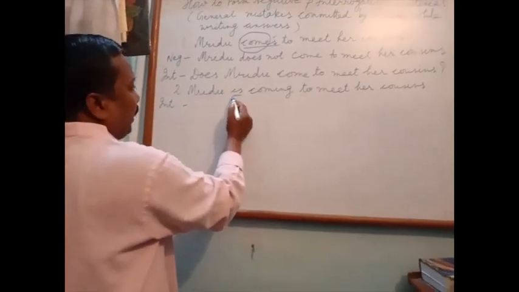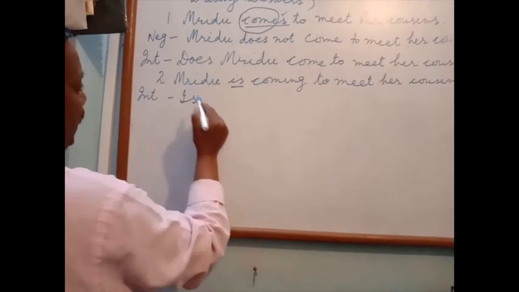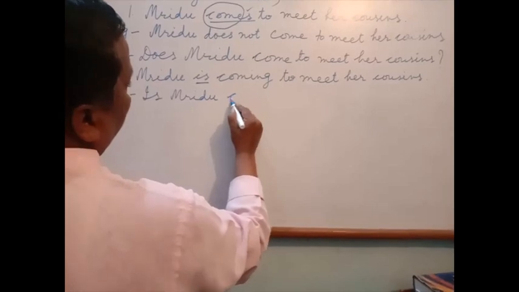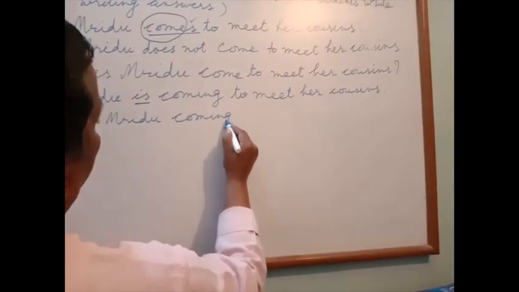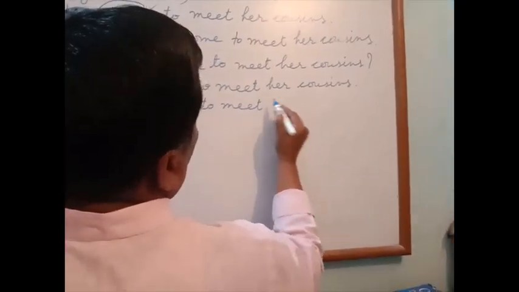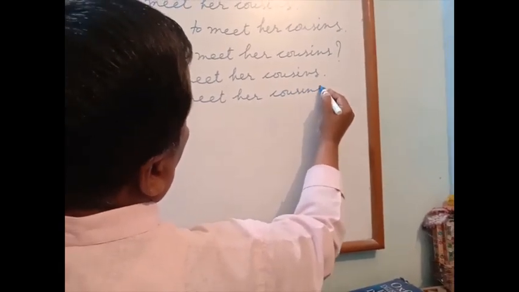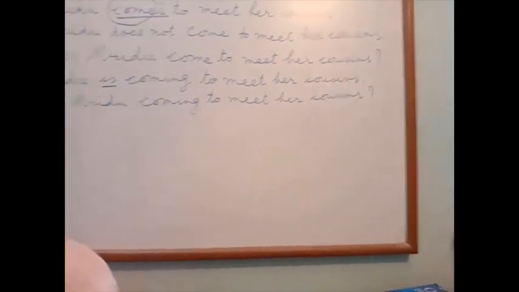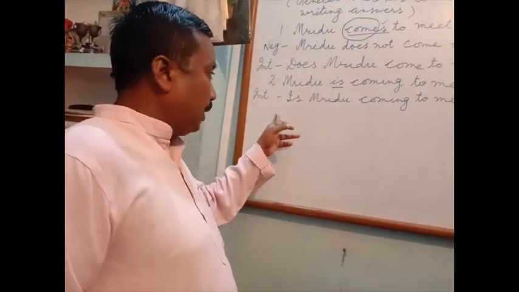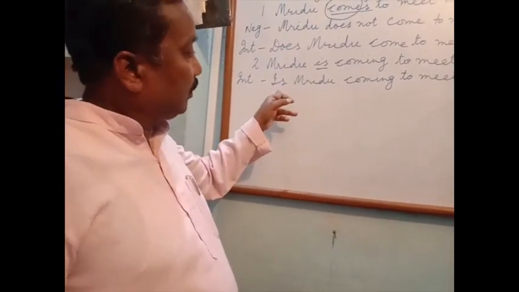Very easily, we take out the helping verb. Is Mridu coming to meet her cousins? Question mark. So in an interrogative sentence, what comes before the subject? Helping verb, then subject, Mridu.